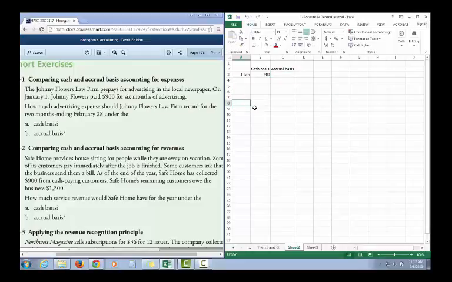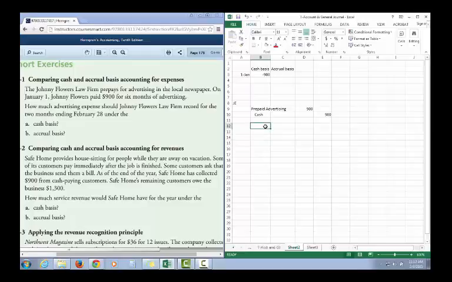Under the accrual method, the journal entry would be a debit to prepaid advertising, and the credit would be to cash. All right, so we've got $900 going out for cash and $900 in prepaid advertising, and this was for 6 months of advertising.